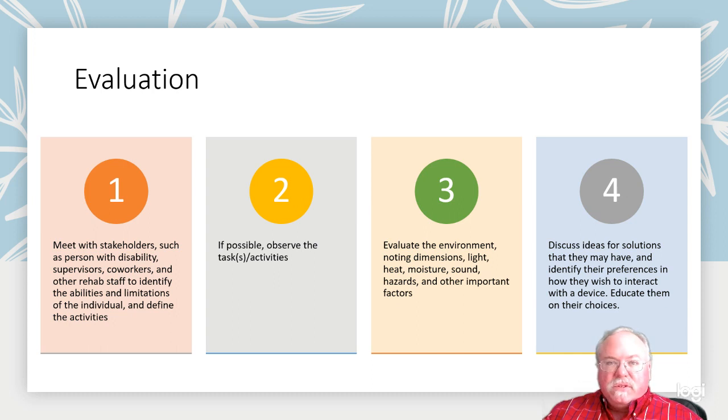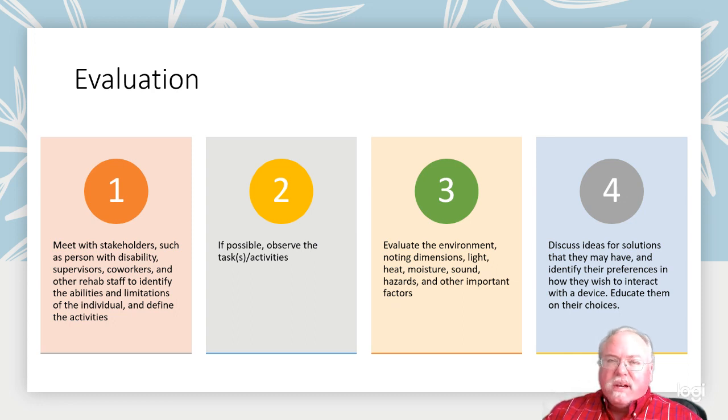If it's someone who's living at home, we might meet with a caregiver, their spouse or parents, if it's necessary. And we'll identify with those individuals the abilities and limitations of the individual, as well as define the activity that they're trying to perform. If at all possible, we try to observe tasks and activities.